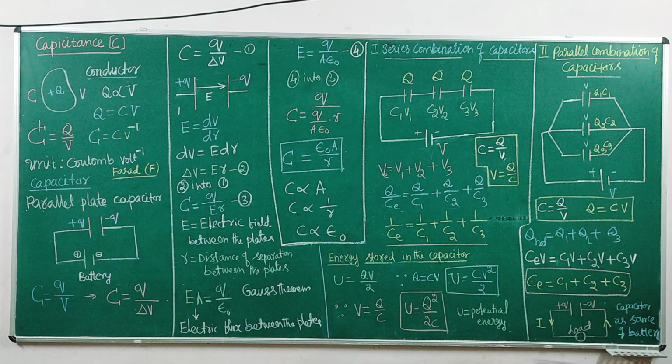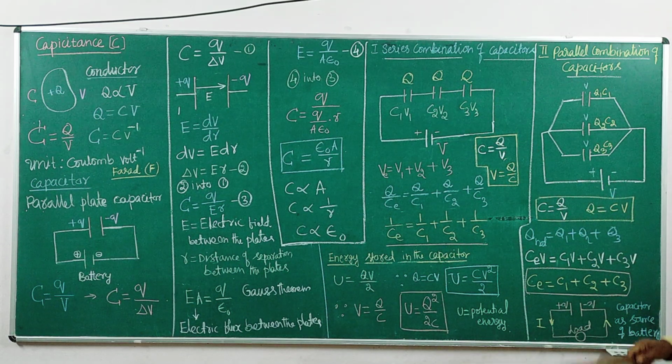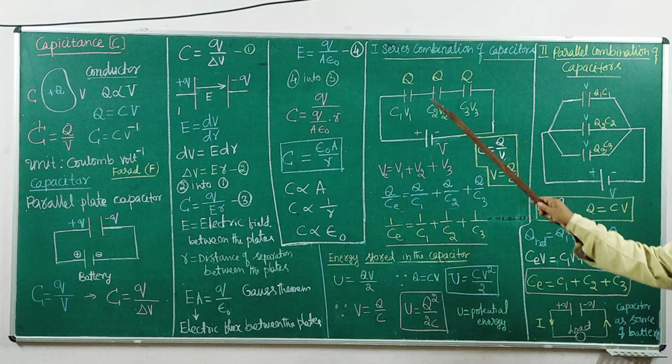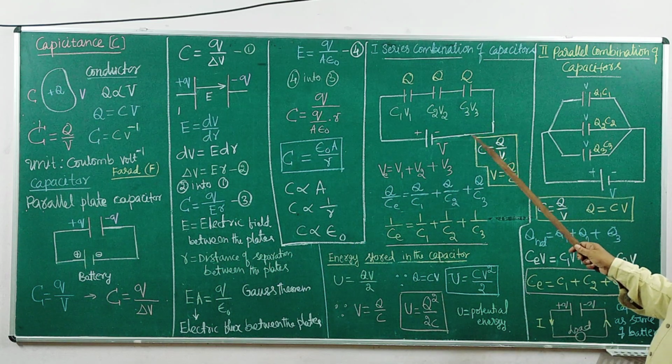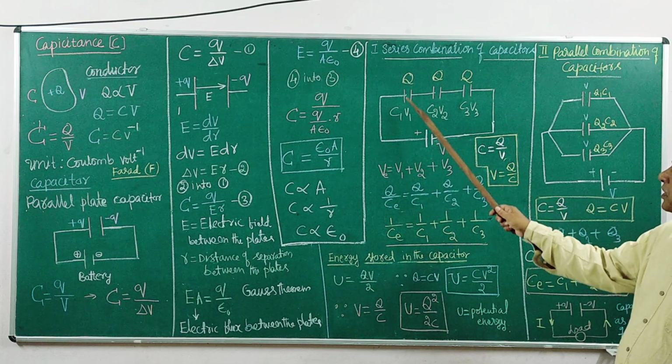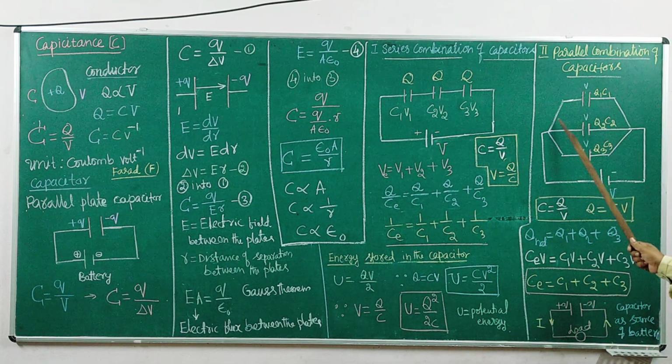Look at the difference here. In the series fashion, the net capacitance of the combination always decreases, it is less than any individual capacitance. In the parallel fashion, the net capacitance increases.